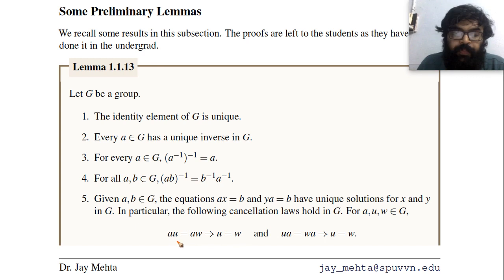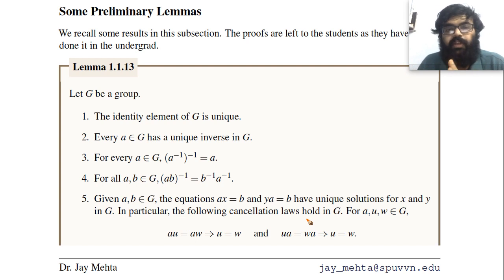Left cancellation: AU equals AW implies A cancels on the left, so U equals W. Right cancellation law: UA equals WA, A is cancelled on the right-hand side, you get U equals W. These are all preliminary lemmas, and that is left as an exercise. Even in Herstein's book, that is left as an exercise, but these are very trivial exercises.